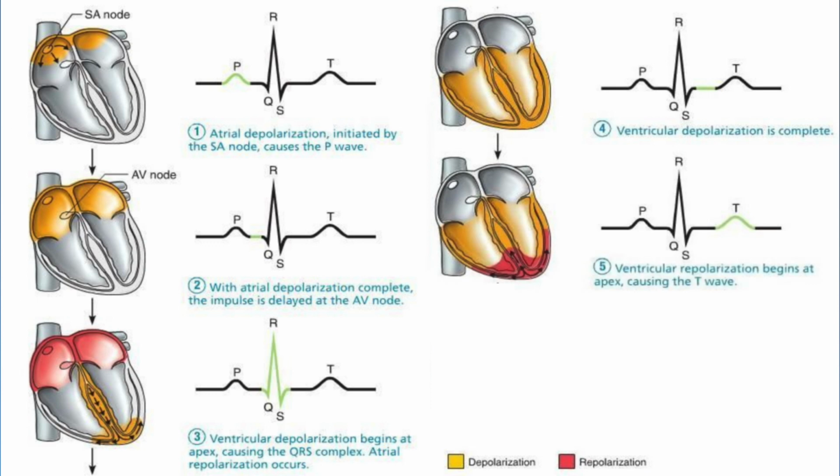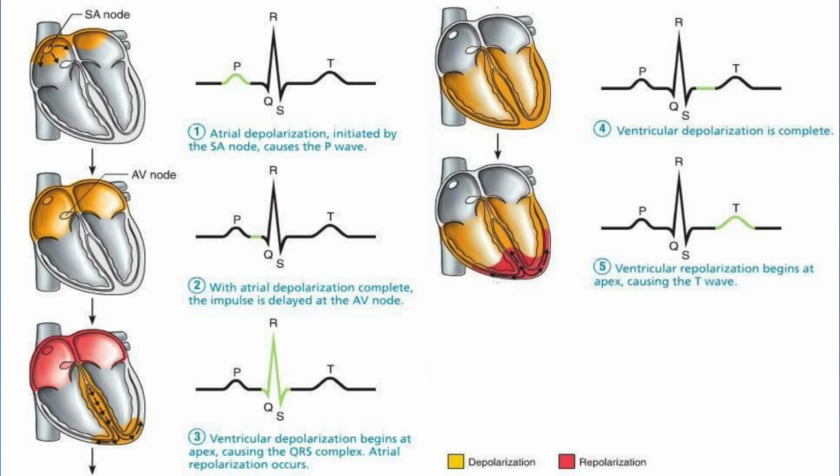Atrial repolarization is missing from the pattern because atrial fibers repolarize at the same time the ventricular fibers are depolarizing. The T wave lasts about 0.16 seconds because repolarization is slower than depolarization. The T wave appears more spread out with a lower amplitude than the QRS complex.